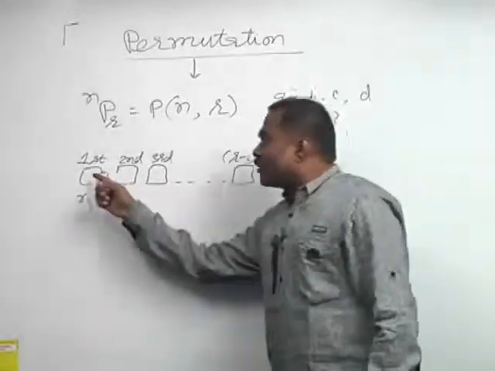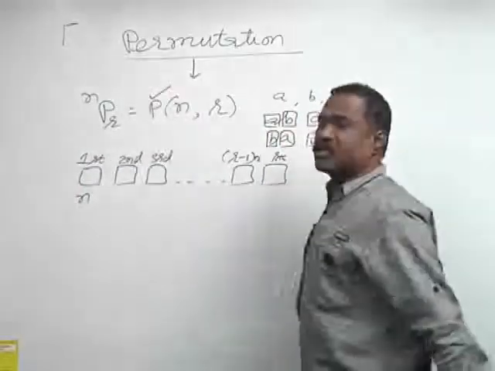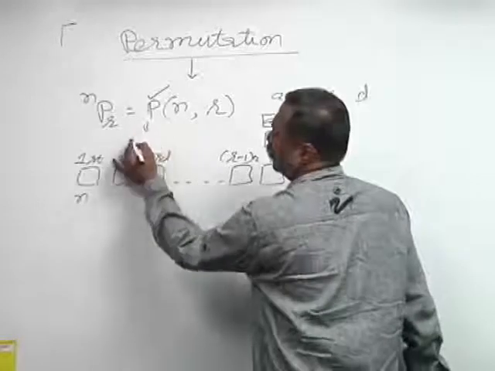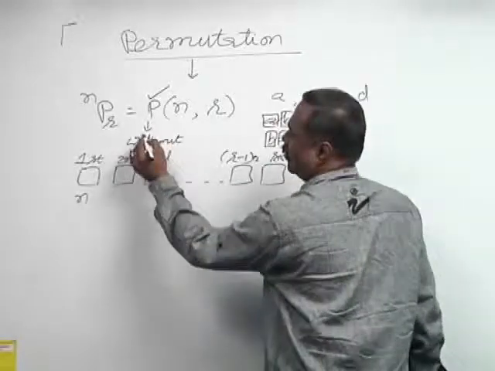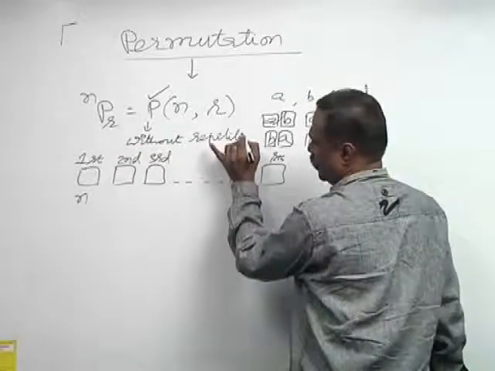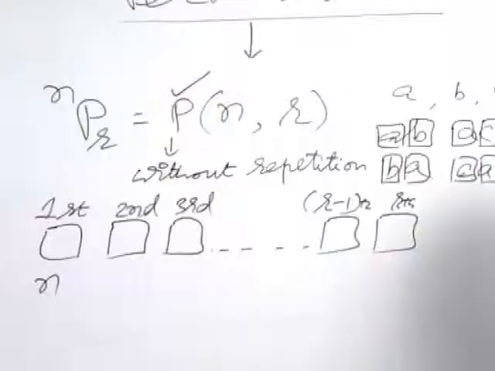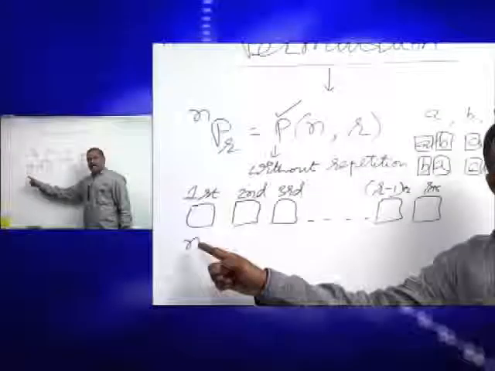Now one thing is already filled. Understand, this permutation stands for without repetition. With repetition, what will it be? We will see. Without repetition, understand it, please. So, N things can be filled in the first blank place in N different ways.